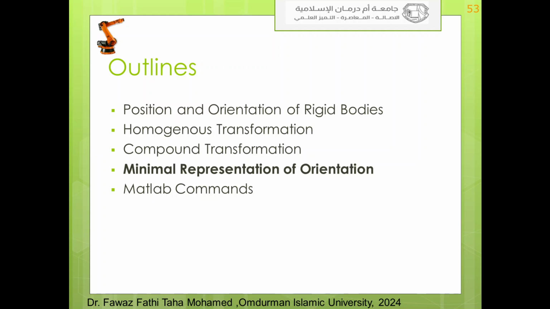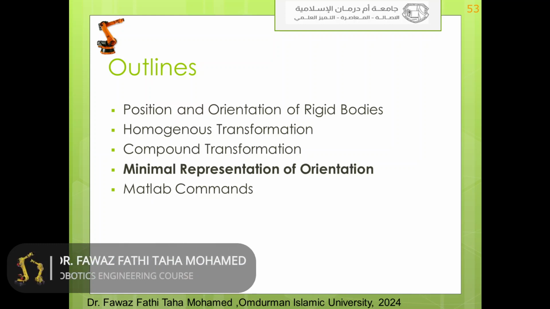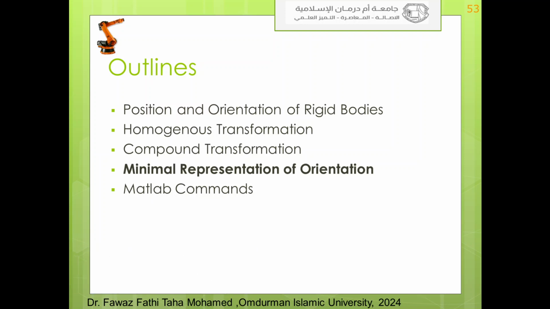Here we can see that instead of using 9 elements inside the rotation matrix to represent the orientation, we can use 3 angles, by utilizing the compound transformation and finding the relationship between this minimal representation and the traditional rotation matrix.